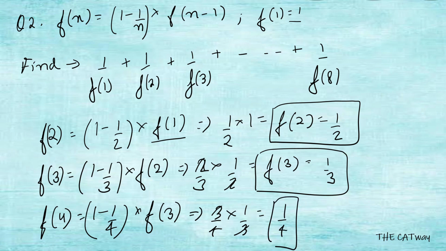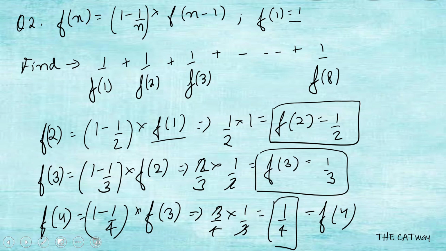Now it will not start repeating itself, but it is forming a kind of iterative series where we know what form it is going to take. We know f5 will be 1 by 5, f6 will be 1 by 6, f7 will be 1 by 7, and f8 will be 1 by 8.